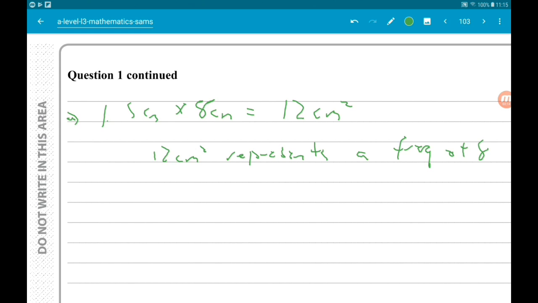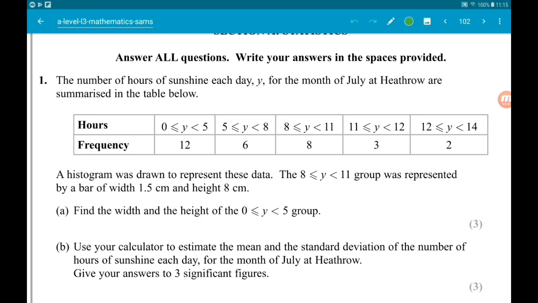So if we divide by 8, that gives us 1.5 centimeters squared represents a frequency of 1. Now, in the 0 to 5 interval, there is a frequency of 12.